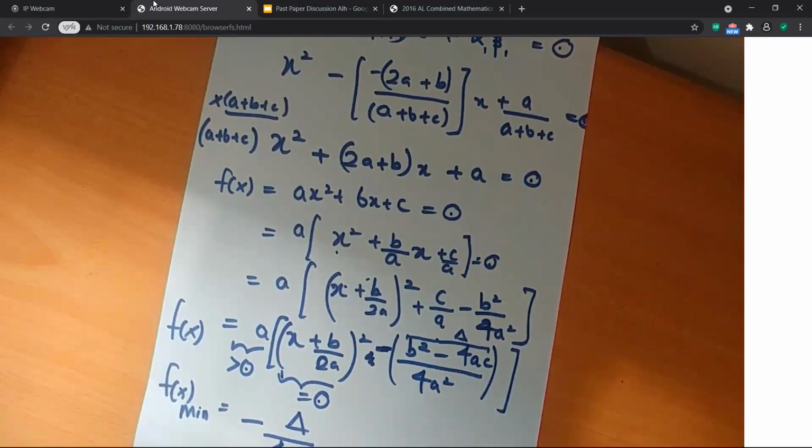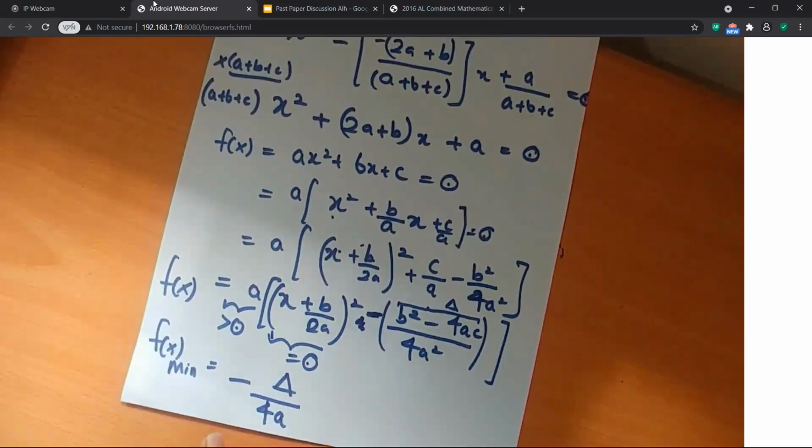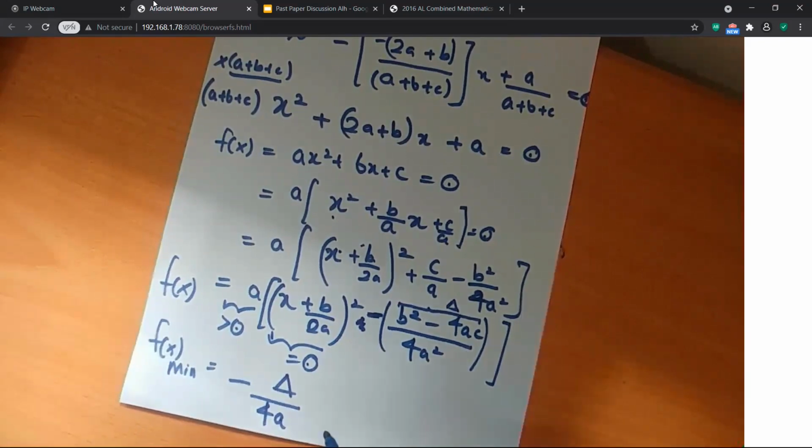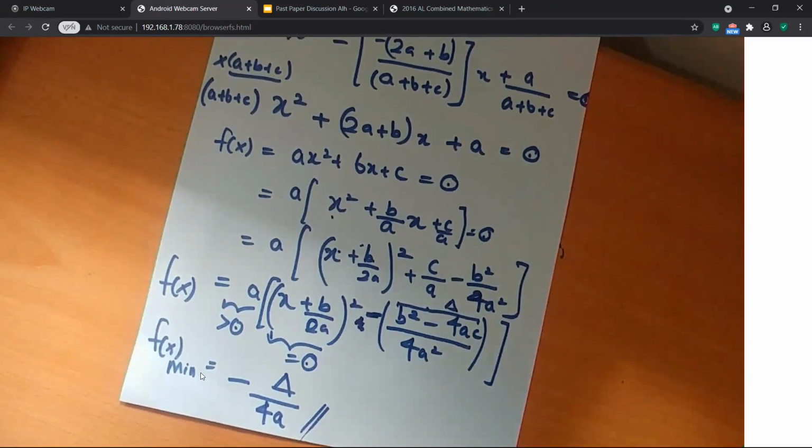So if it's 0, as we can see here, f(x) minimum is minus delta, b squared minus 4ac, divided by 4a. Did you get that? Any questions? If you don't understand, say so, or if you have any other method, you can say that too.